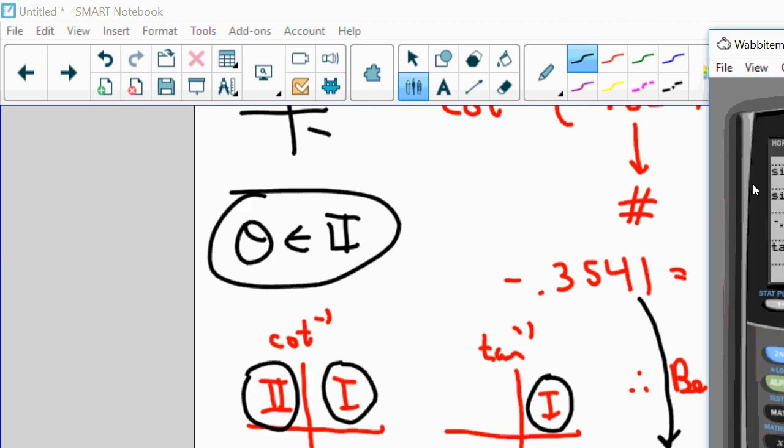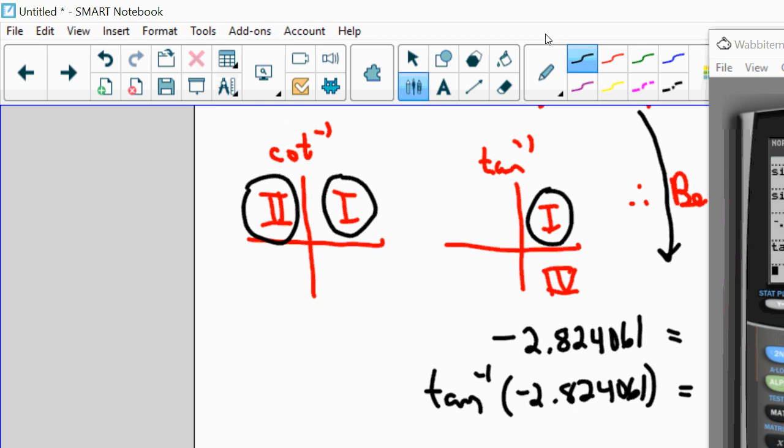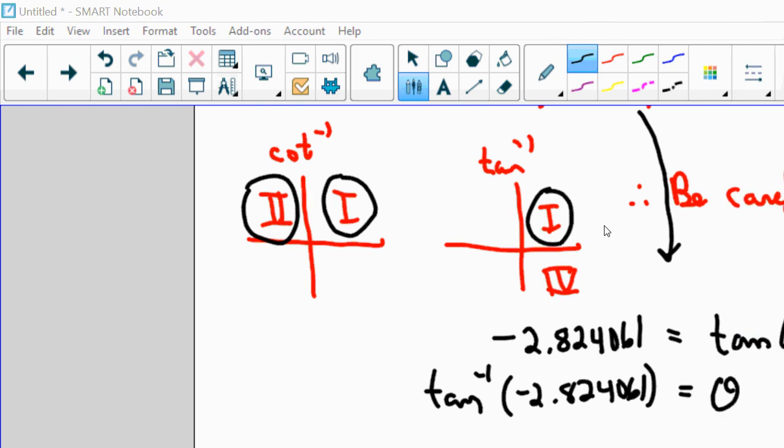And this is not good for me, because I'm not cheating in degrees like I should be. So I'm going to go back and cheat in degrees and reevaluate that. Therefore, theta is negative 70.5009, answer's in the fourth. That's not good, because we know the answer is in the second.